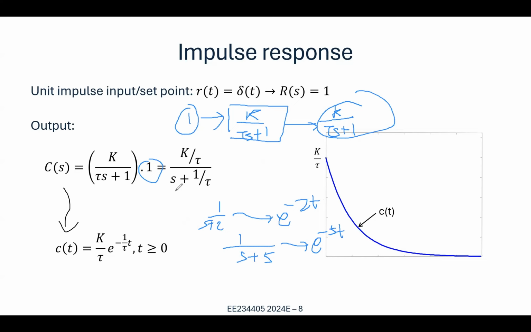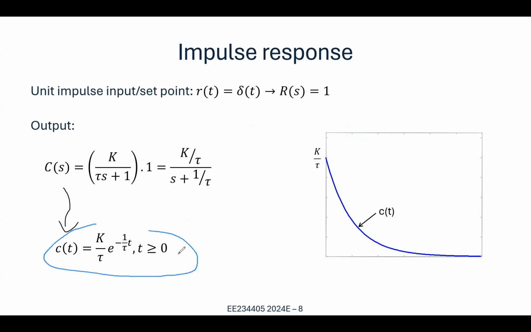So this enables us to get this time domain representation, which is k per tau times e to the power of minus t per tau, because this is 1 per tau, right? And this is the gain, so the gain does not change. If this is, let's say, 10, well, we have 10 times e to the minus 5t. So anyway, we arrive at this equation of the output.